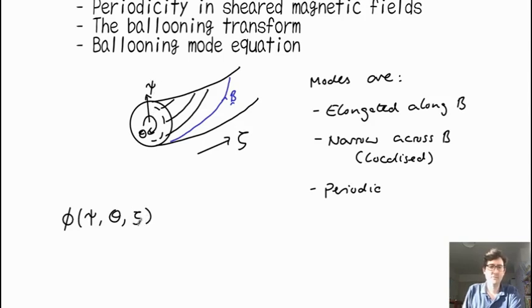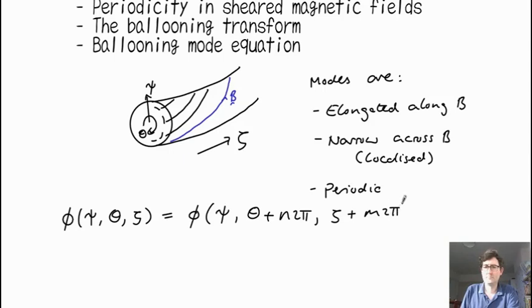I am using zeta to mean the toroidal angle. This should be the same if we then go either n times around poloidally or m times around toroidally, should end up back at the same place. So this should be the same as, where n and m are integers.